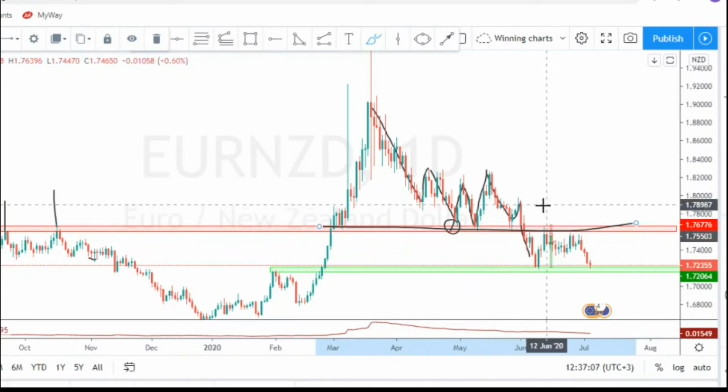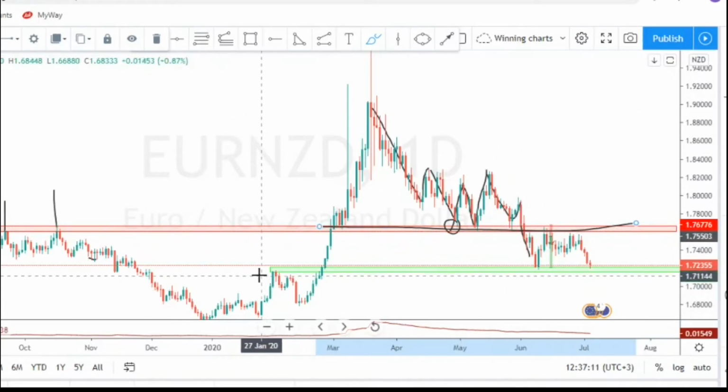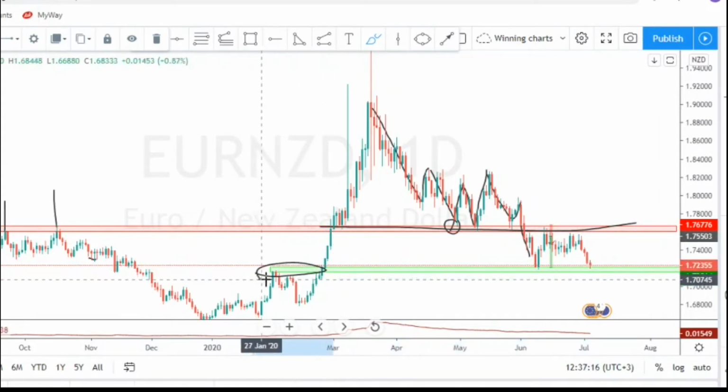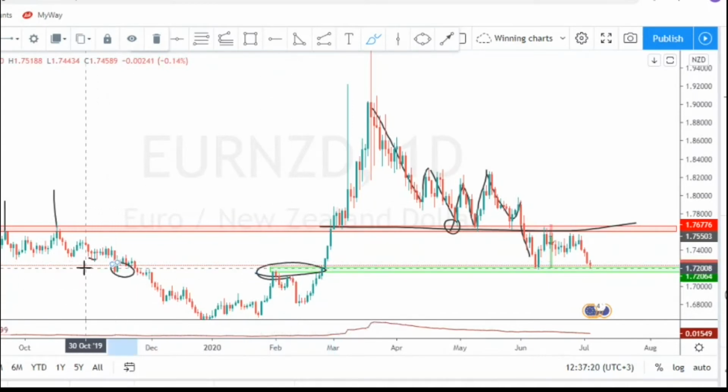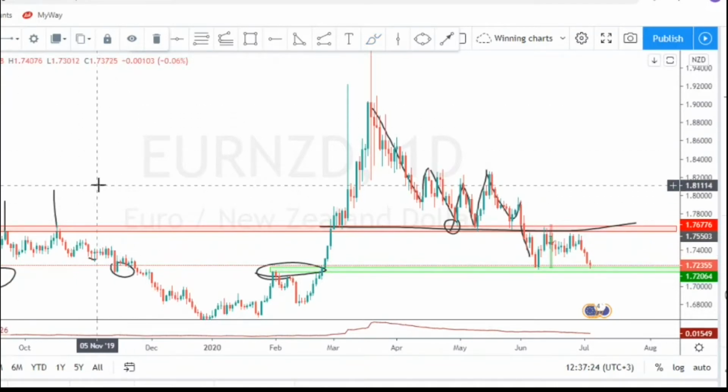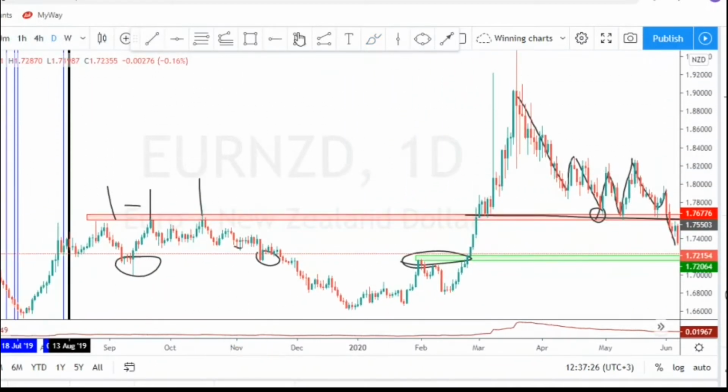Now, when it closed below this level of structure, I waited for the market to come to this level, another key level of structure. That has been resistance here, been support here, and if you look further on the left, you would see it was support here as well.